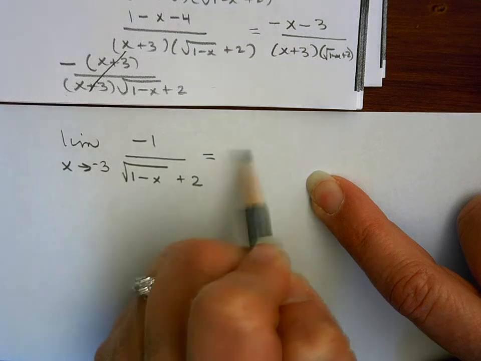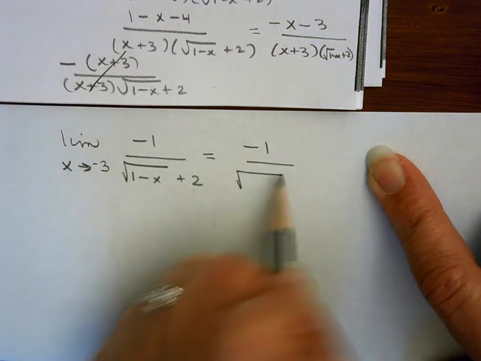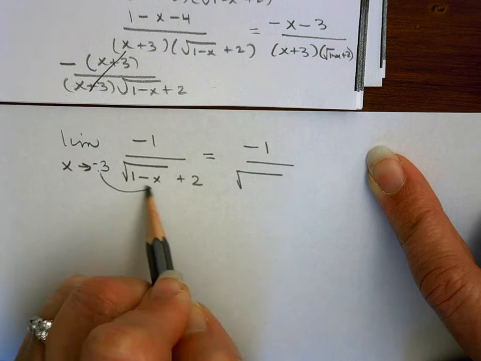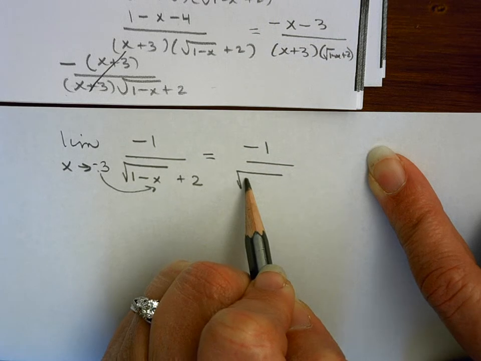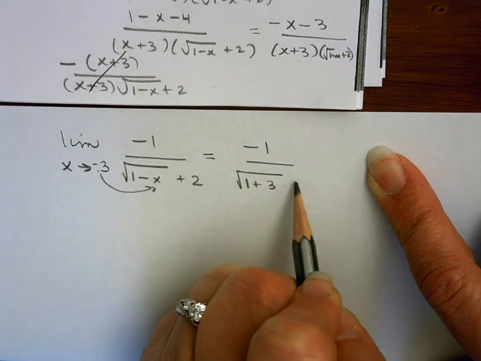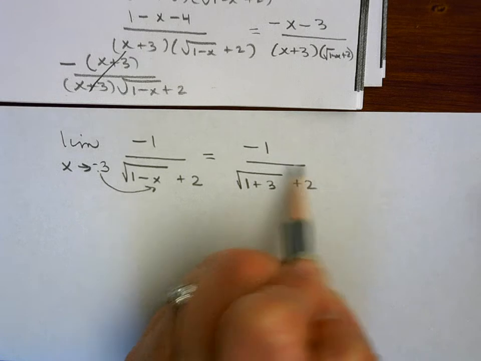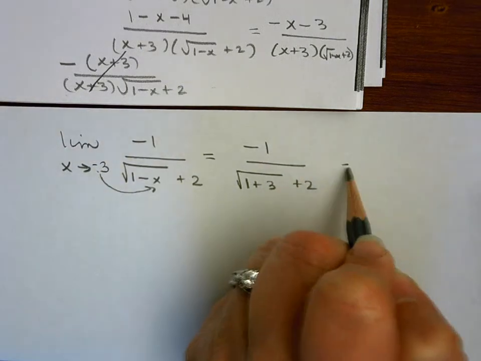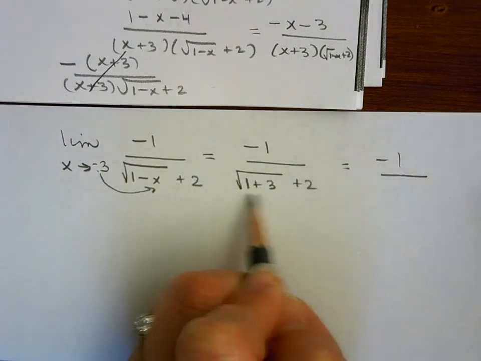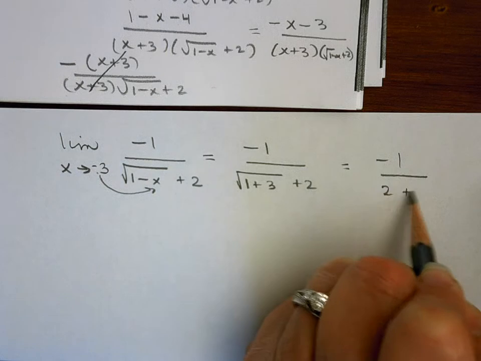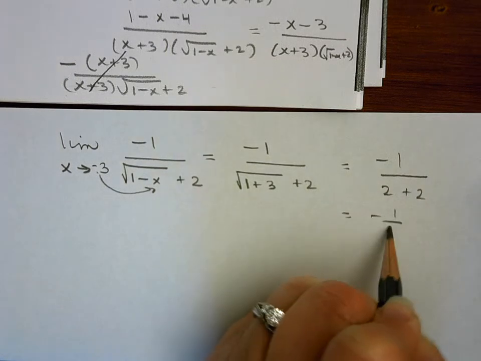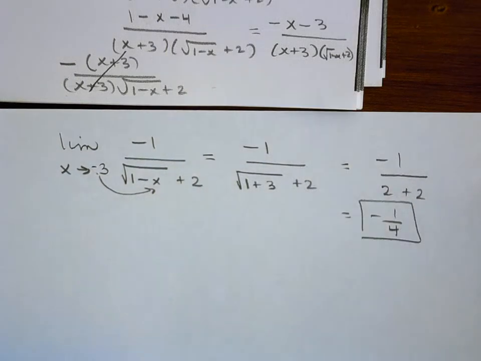So this will still be -1, and then I'm substituting in -3, so 1 minus -3, so that would be 1 plus 3, and then plus 2. That ends up giving me -1 over the square root of 4, and then plus 2, so -1/4. Okay?